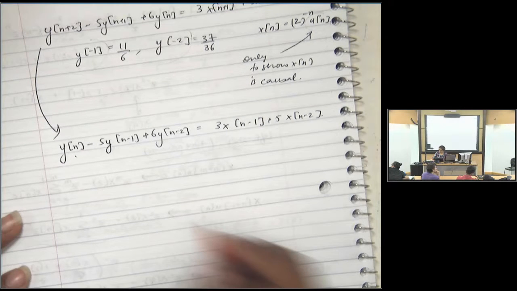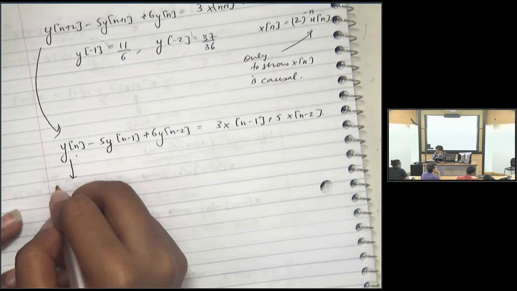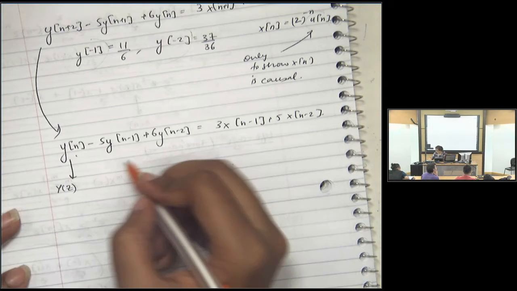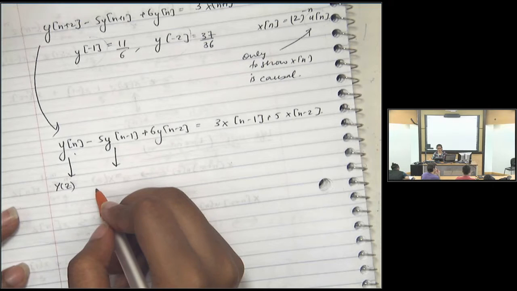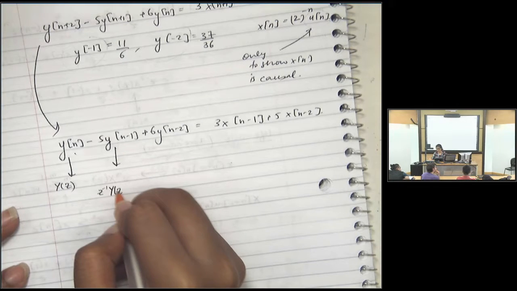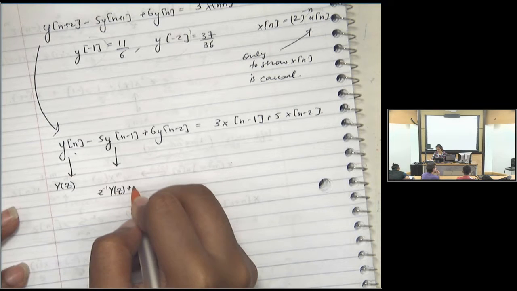Okay, so y of n, what is this z transform? Y of z. Correct. That was easy. Okay, y of n minus 1? Z to negative 1, y of z, plus y of negative 1. Correct.